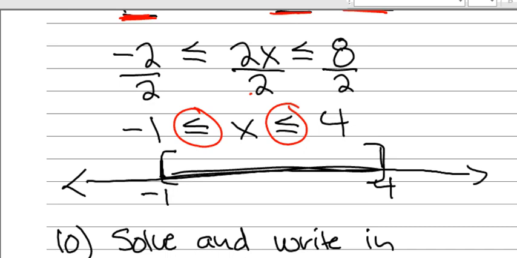So I'm going to put a negative 1 and a 4, brackets on each, and I'm going to shade the middle. So this is what my graph looks like. So two answers, the algebra part and the graph.